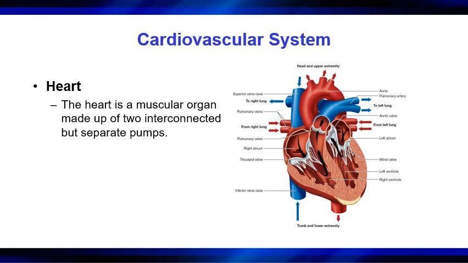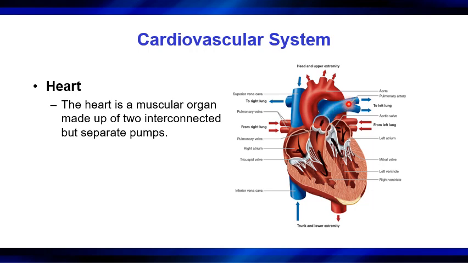In general in the body, arteries carry oxygen-rich blood and veins carry deoxygenated blood. There's one exception to that rule. This is really important. The one exception to arteries oxygenated, veins deoxygenated is the pulmonary artery and veins. The pulmonary artery takes the deoxygenated blood. Again, that's the one exception to the artery rule.